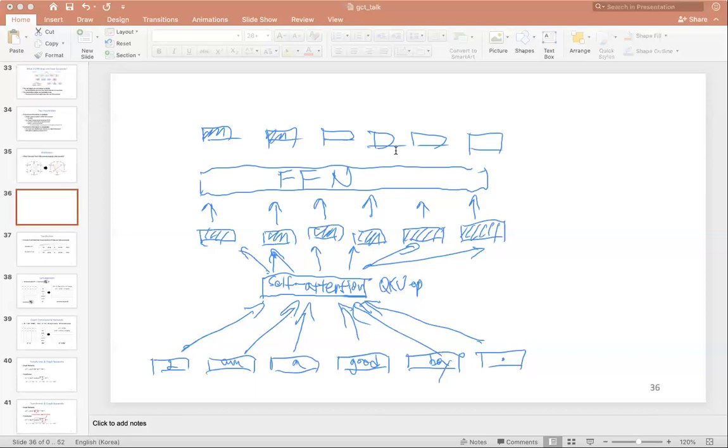And then I think there's a residual connection somewhere, like a skip connection. If you guys are familiar with ResNet, then there's a residual connection here and here, and maybe here and here.